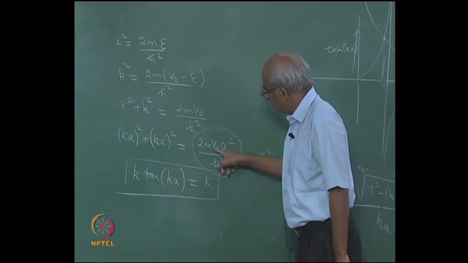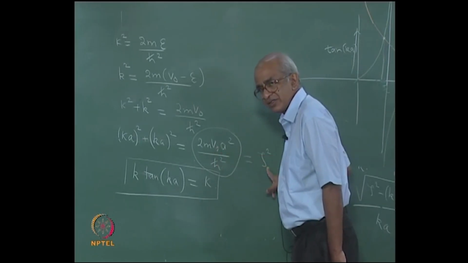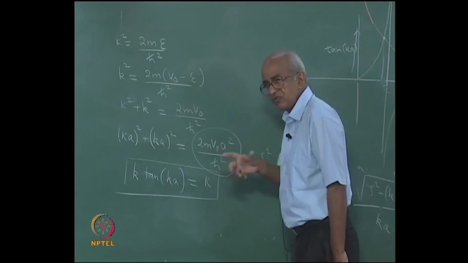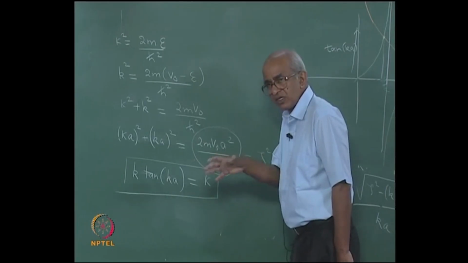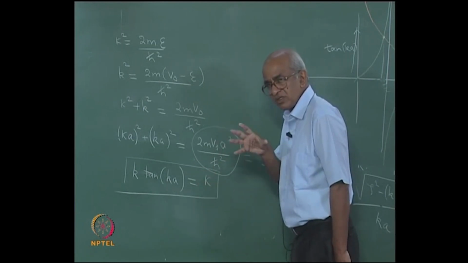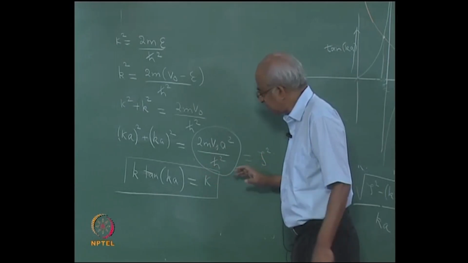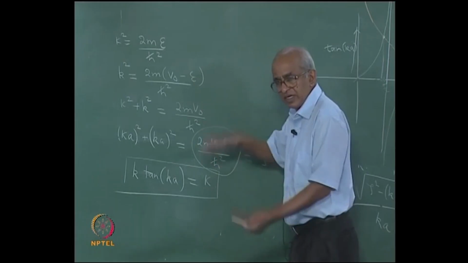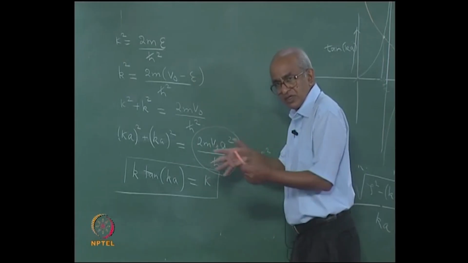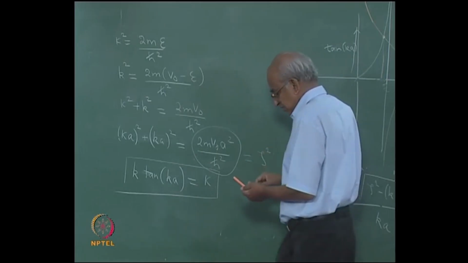So, if you increase the depth of the potential well, you are increasing zeta, or if you increase the width of the potential well, again you are increasing the value of zeta. So, by varying either the depth or the width, you can vary the value of zeta. In fact, if you increase the depth, zeta will increase. If you increase the width, again zeta will increase.